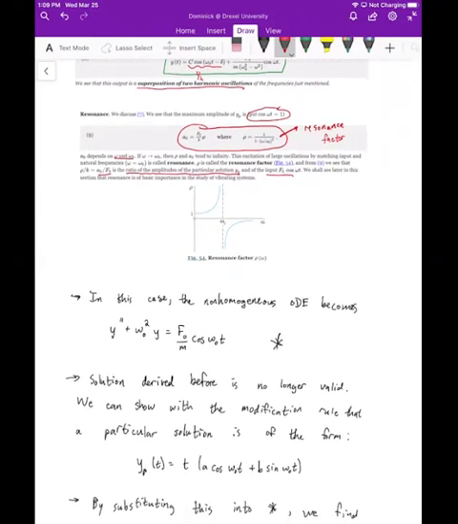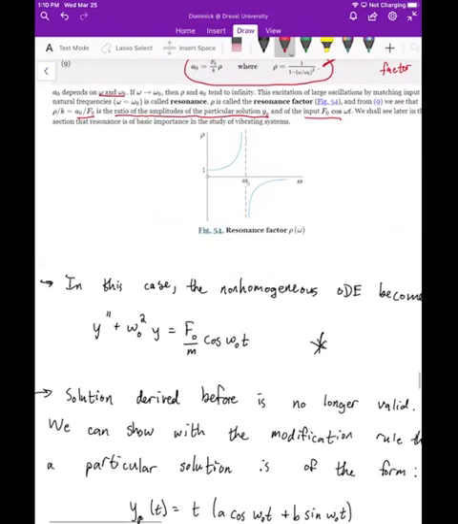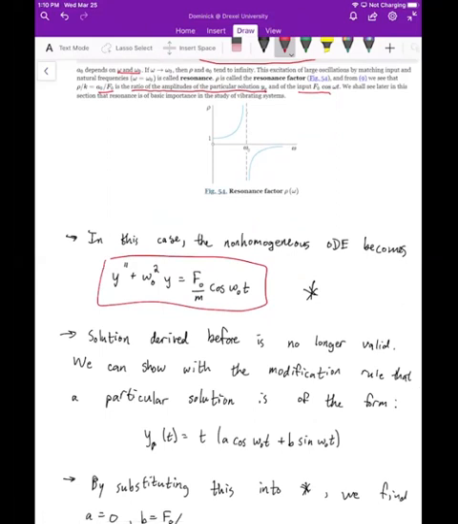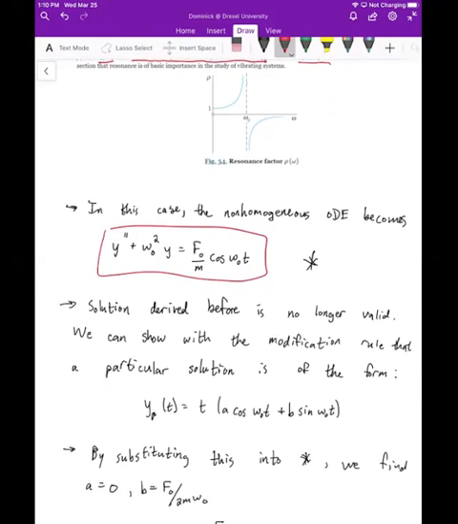In the undamped case, of course, we lose our c term, and this is our non-homogeneous ODE. So the solution that we found before is no longer valid, but we can use the modification rule to find that a particular solution is now of this form; basically we're just multiplying by t.